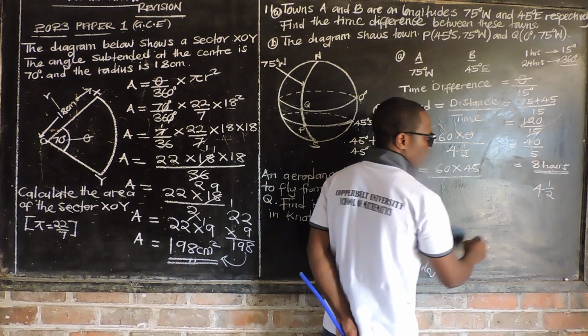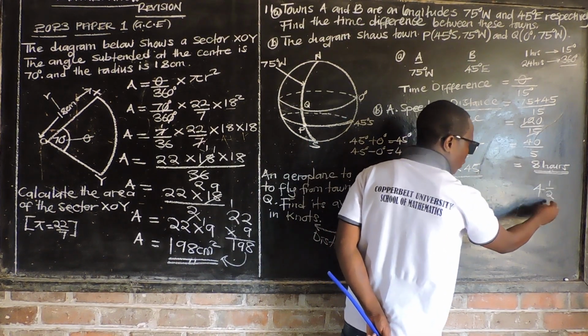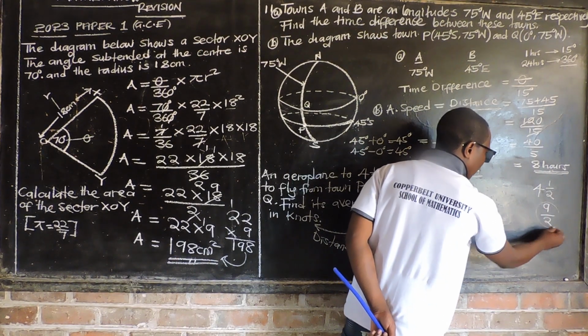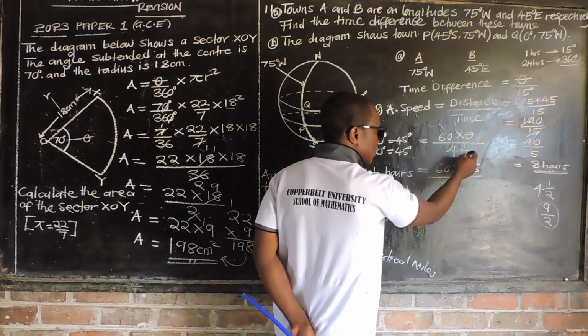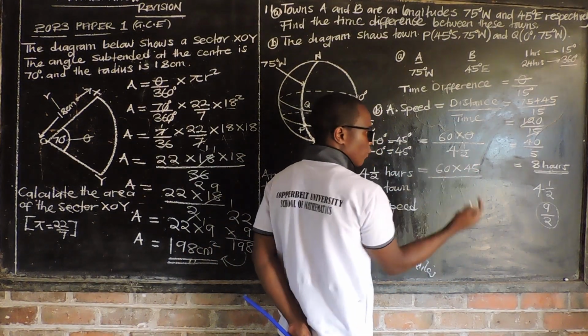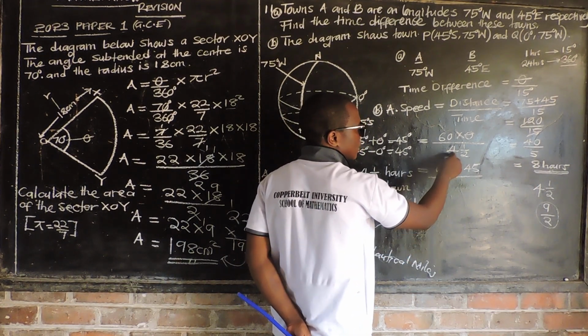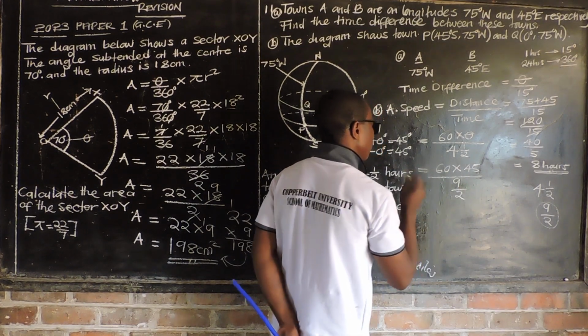You multiply 2 times 4 to get 8, 8 plus 1 gets 9. So you have 9 over 2 as an improper fraction.